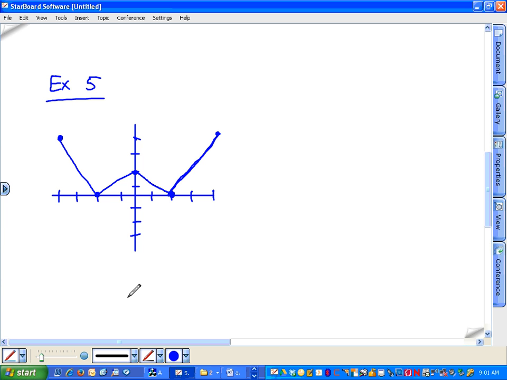This right here is the graph of some function y equals f of x. It's not a parent function like x squared or square root of x. It's just some random function y equals f of x.